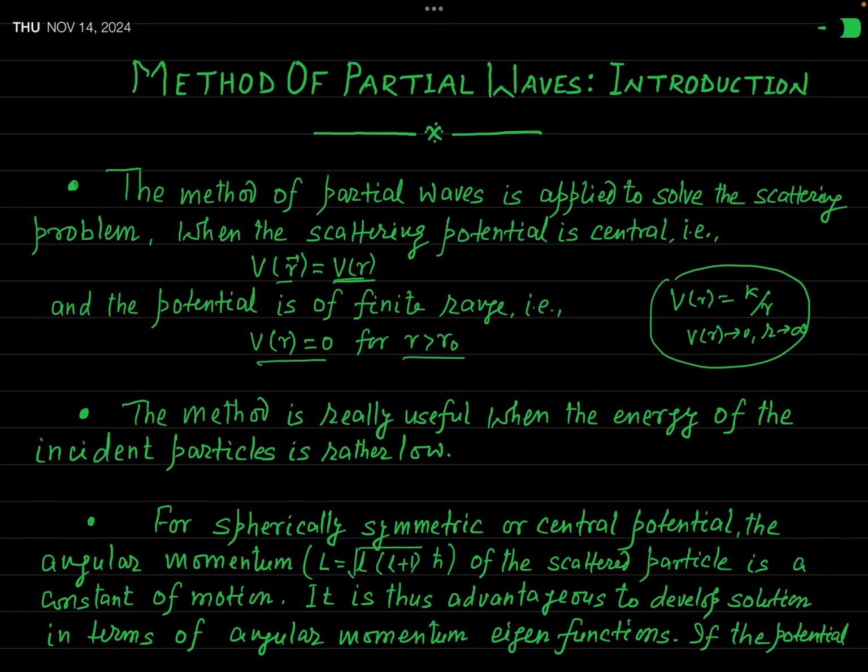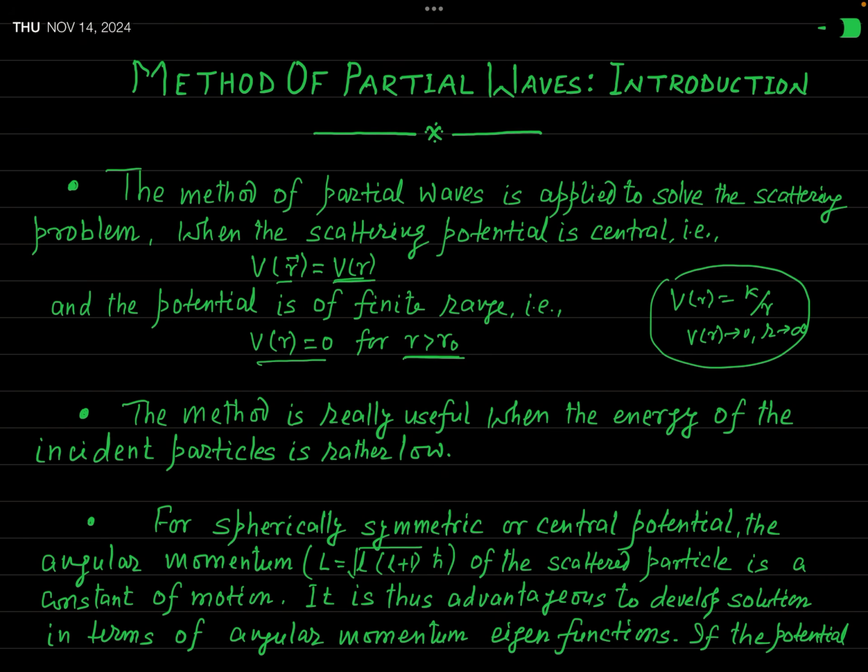It means if you consider that this V of r is non-zero when r is less than r naught, but it vanishes, it becomes 0 when r increases from this r naught. So this r naught is also called the range of this potential, because after this the potential vanishes. Okay, so this is the most remarkable fact.